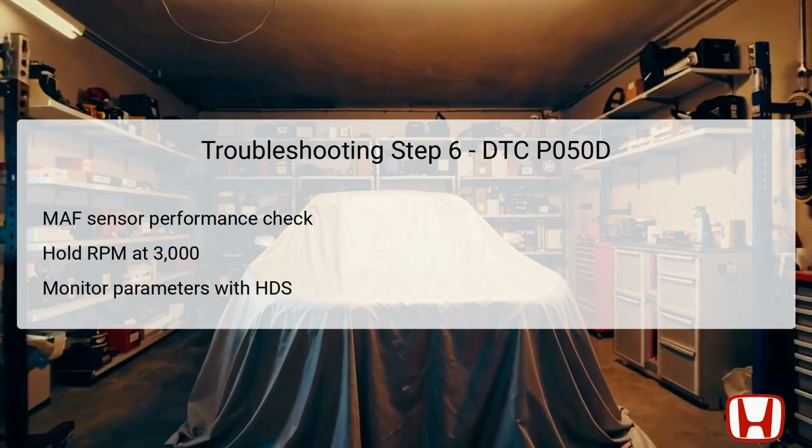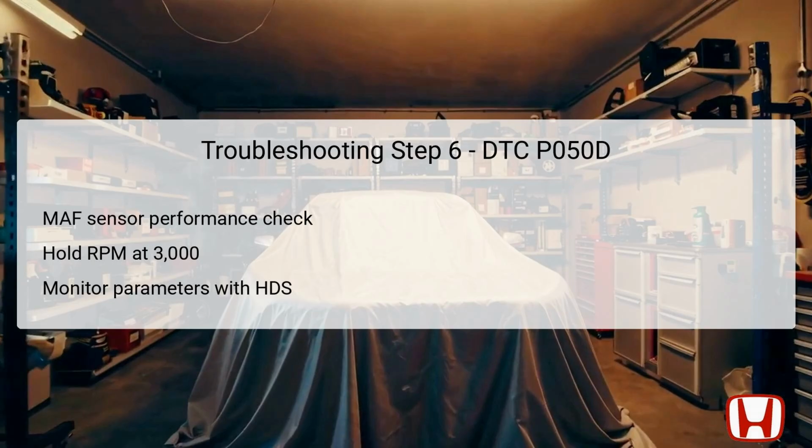In the sixth troubleshooting step, a performance check of the MAF sensor is essential. Start the engine and hold the RPM at 3000 without any load, which means the gear should be in park P or neutral N. Keep this RPM level until the radiator fan activates, and then allow the engine to idle.